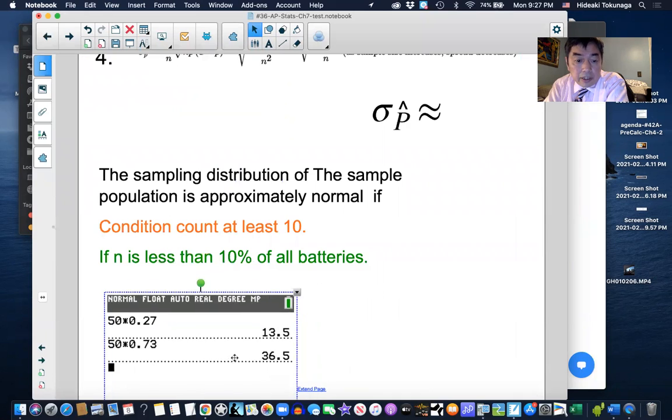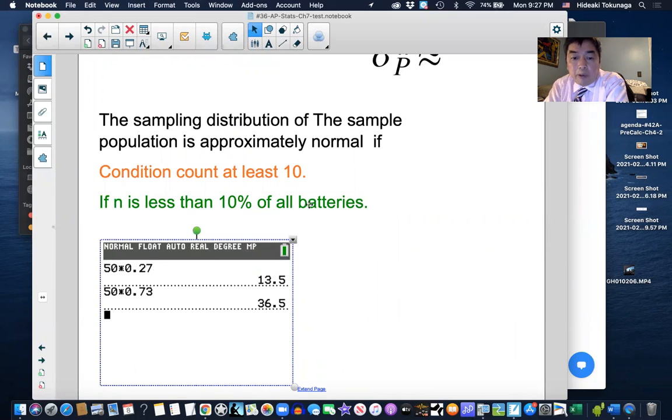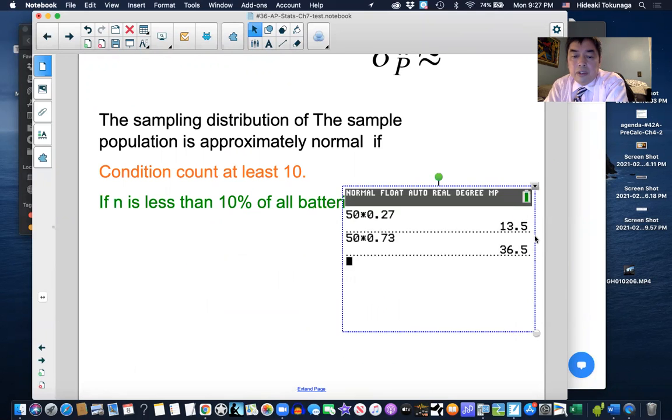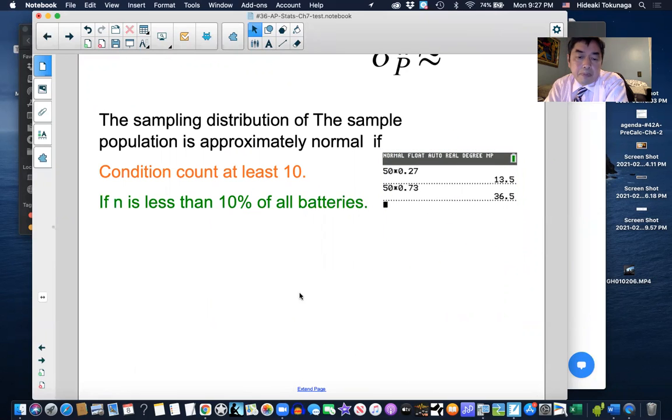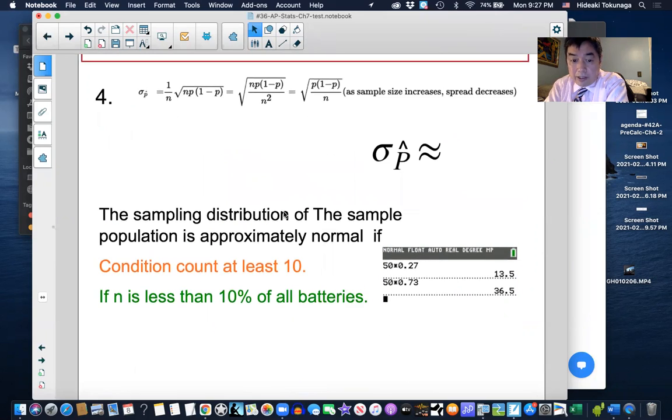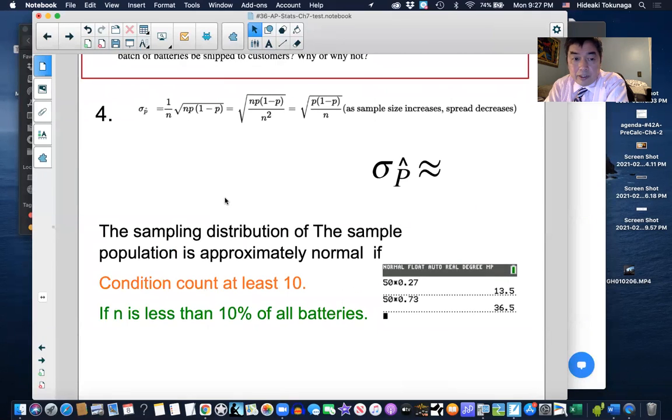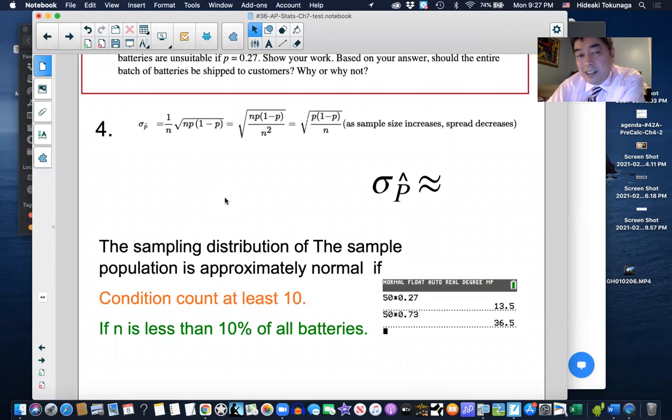So it is less than 10% of all batteries, and the condition counts at least 10. So these are counts, this is the orange one. And the green one is so obvious that it's going to be less than 10% of all batteries. All, it could be all WA batteries.